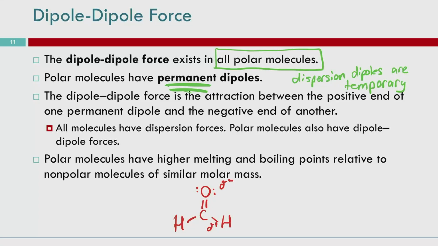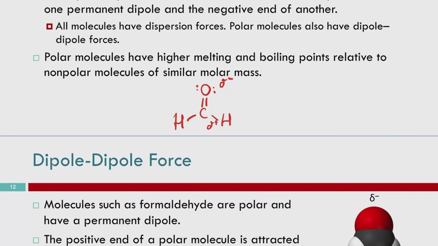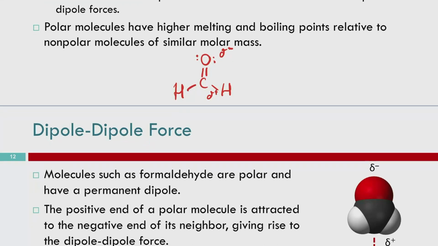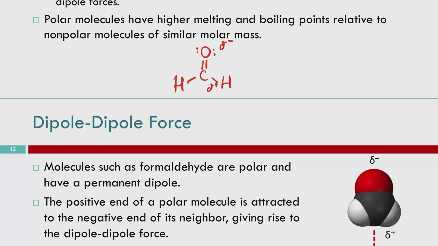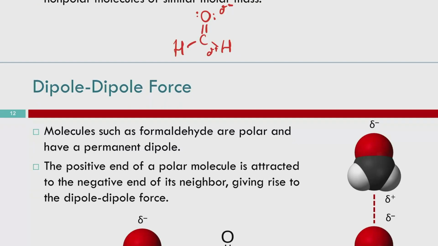We're always going to have partial negative charge on the oxygen because it's pulling these electrons from the double bond a little bit closer to itself. So carbon in reality has a little bit less electron density, and so it's partial positive. It doesn't have all the electrons that it wants or should have. And because these are stronger forces, because they're there all the time, that increases the melting point and boiling point relative to our nonpolar molecules.